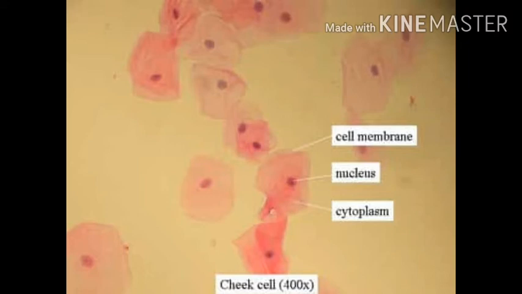Now we are talking about the cheek cells. What you notice in the cheek cells is that these are also protective, epidermal cells, and here the cells are not rectangular, nor do they have a rigid wall on their boundaries as we saw in the onion peel.